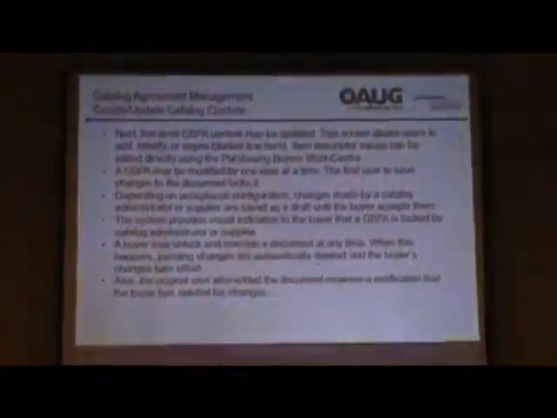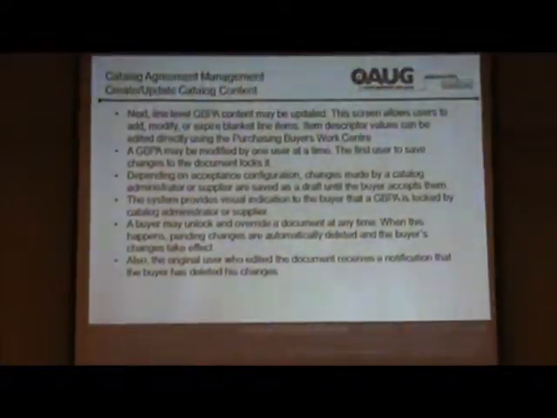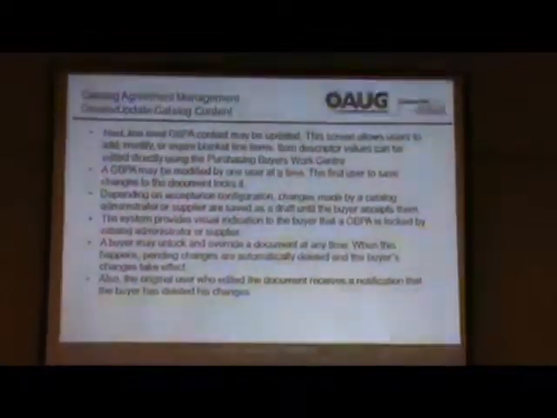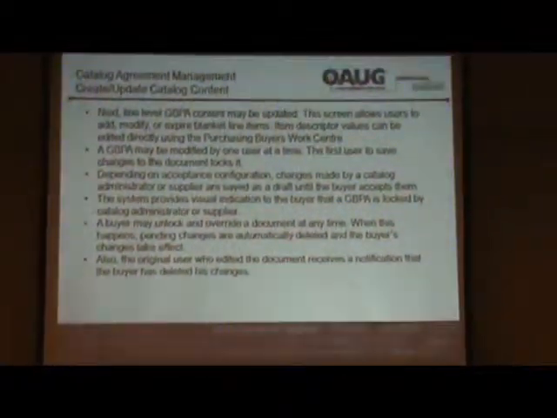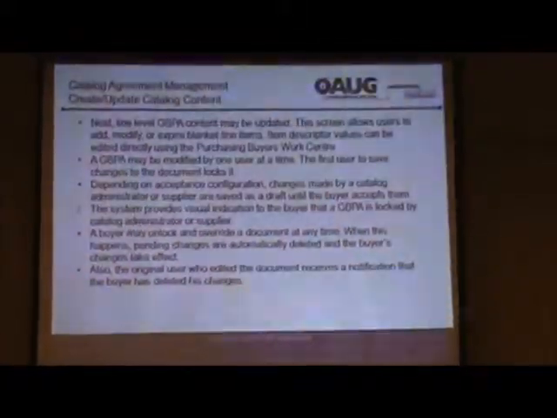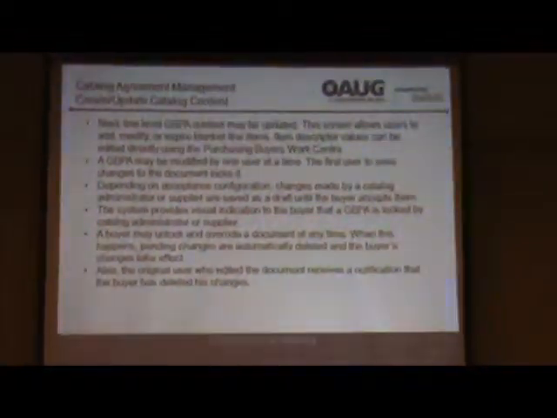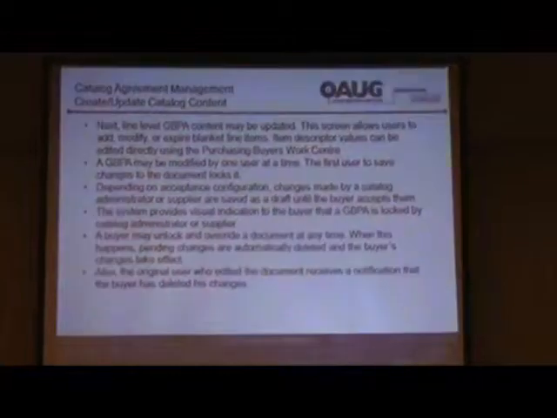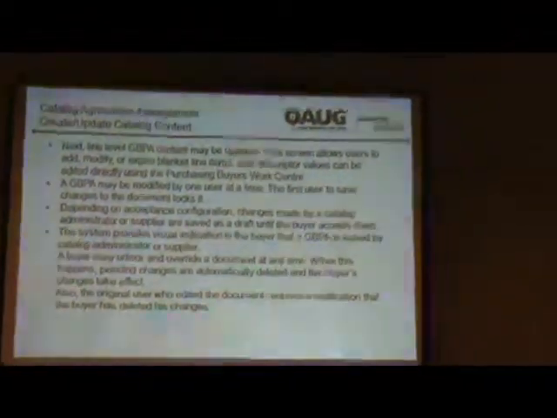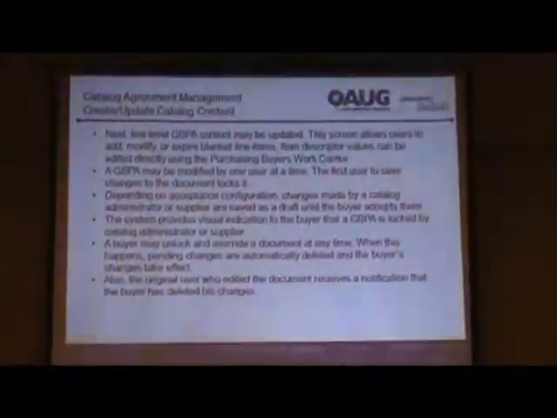There is an indication that it has been locked. The buyer can override locks set by the supplier and the catalog administrator at any time. That means the buyer can override these locks and change the values as per the buyer's need. Once the buyer changes those values, a notification is sent to the original users who have edited the document. So that is another good feature on this page.